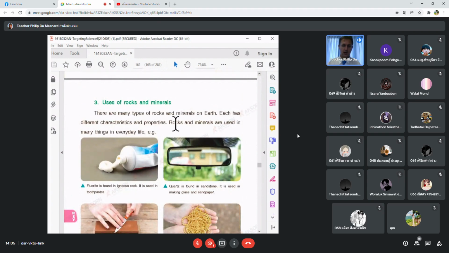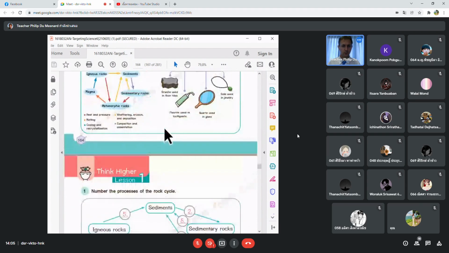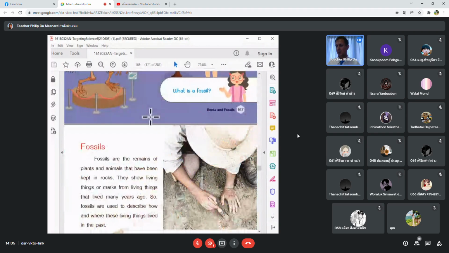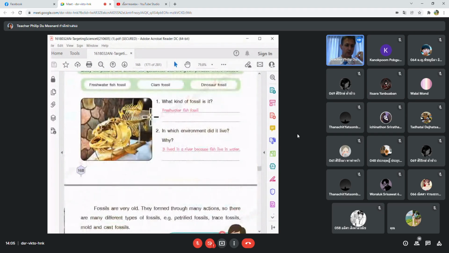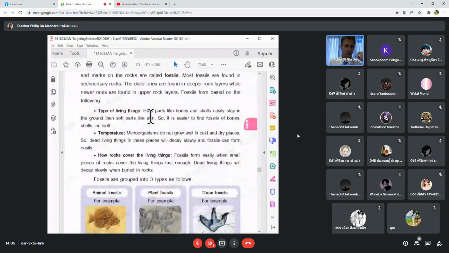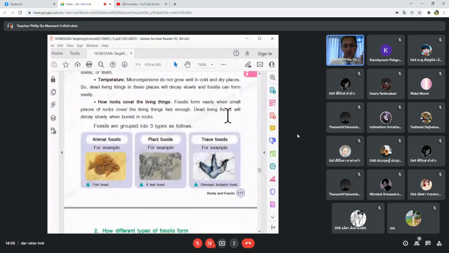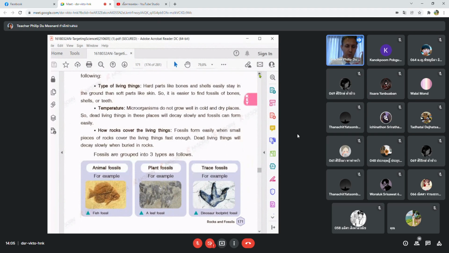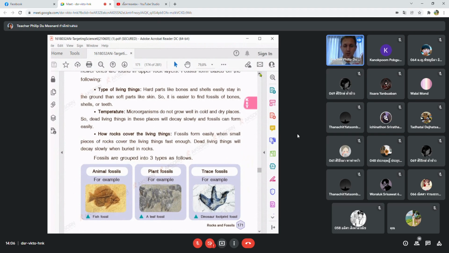Now let's look at fossils. And we are starting with page 171. Okay, it's here. Okay, class, do you remember in the class I told you about the cupcakes and the footprint and trapped in amber? Do you remember?